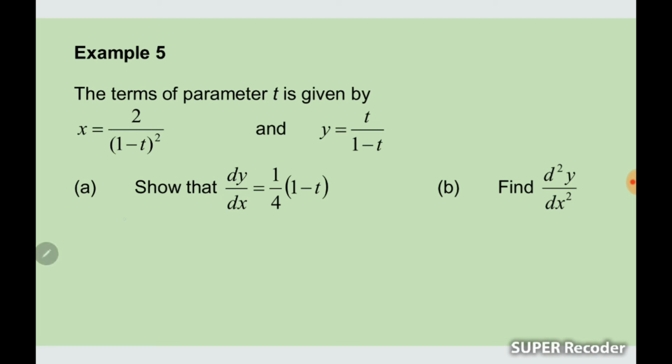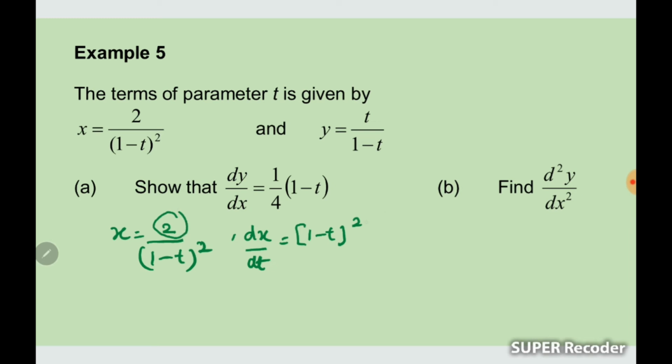If given x equals 2 over (1 minus t) squared, we will differentiate x with respect to t, dx/dt, by using the quotient rule here. By using the quotient rule, you have to copy (1 minus t) squared, then you have to differentiate 2.